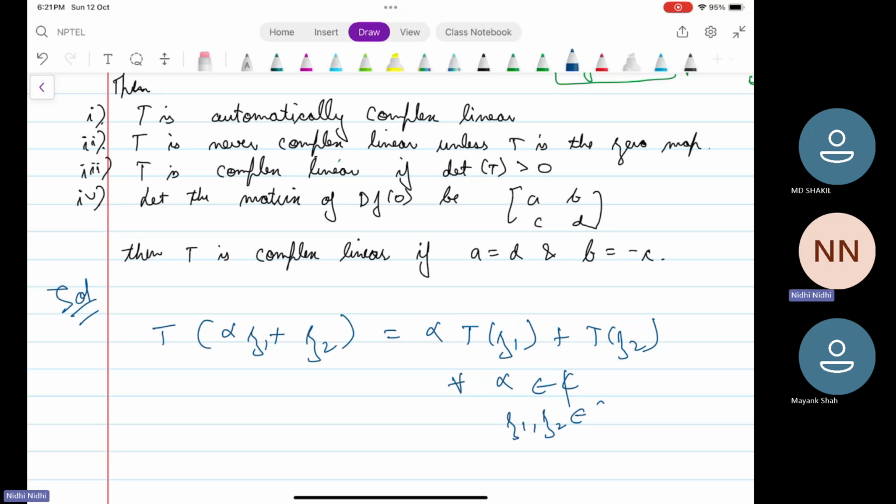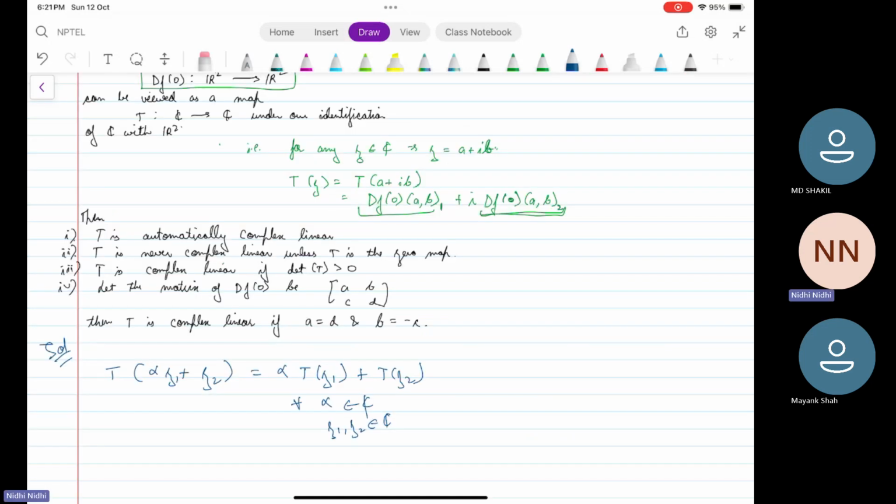So for this, the idea that comes to mind first, because we already know that df0 is linear. In the case of real numbers, everything might seem very easy, and you might think that the map T will eventually be linear. But the problem will occur when we multiply the complex number z by iota.